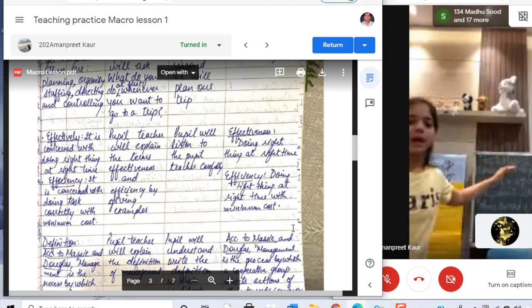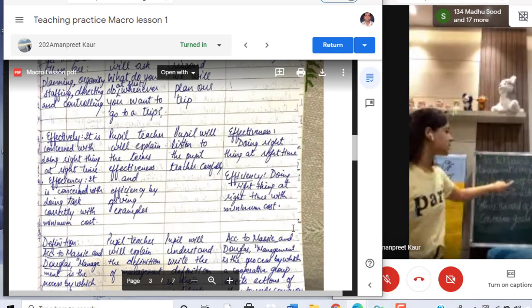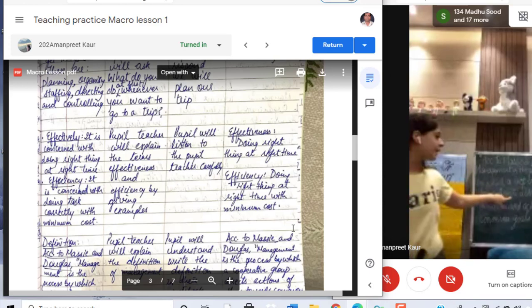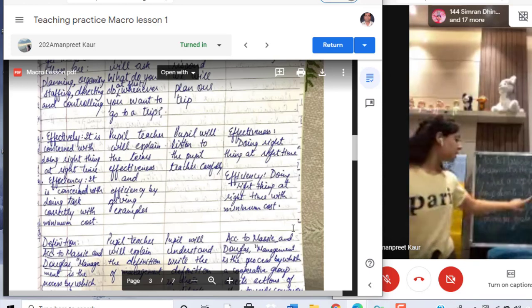Okay, students, write down this definition. Management is the process by which a cooperative group directs actions of others towards achieving common goals.